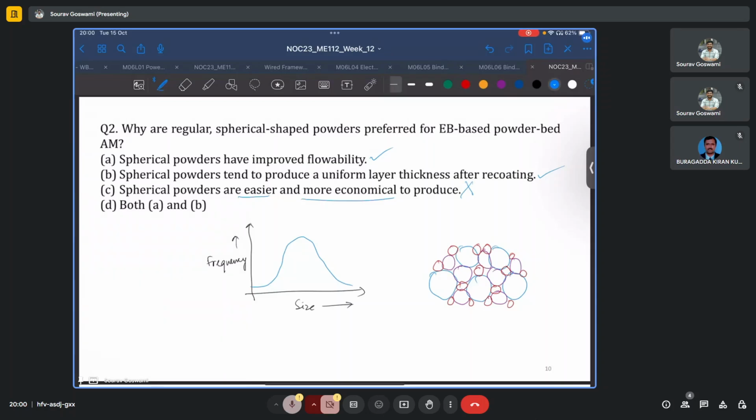However, for this question, both options A and B hold true.